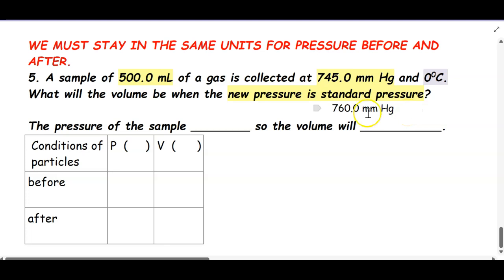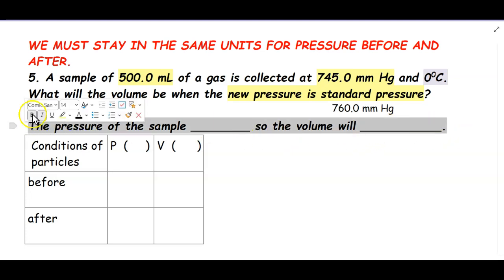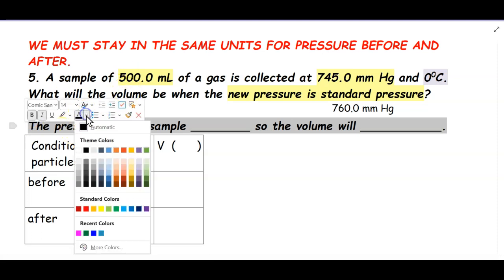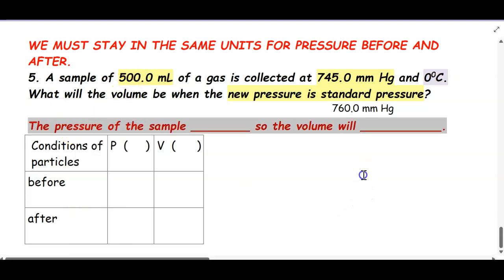So the pressure of the sample, let me put this in red because I think I did every other time. What happened to the pressure of the sample? It went from 745 to 760, didn't it? It went up. The pressure went up.